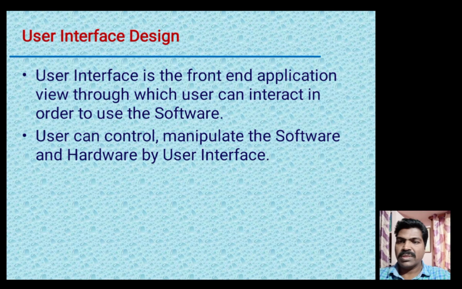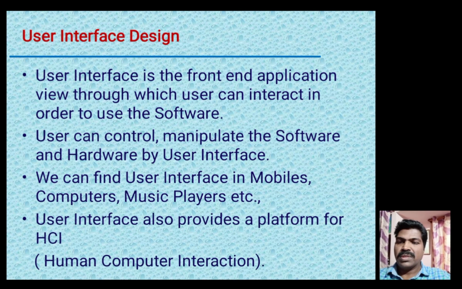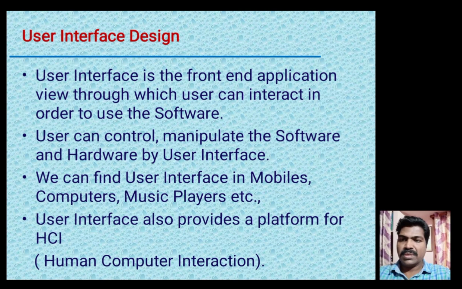Generally, we can find user interfaces in mobiles, computers, music players, etc. To operate any kind of software, the user interface acts as a mediator between the user and the software. It also provides a platform for HCI, which we call human computer interaction.